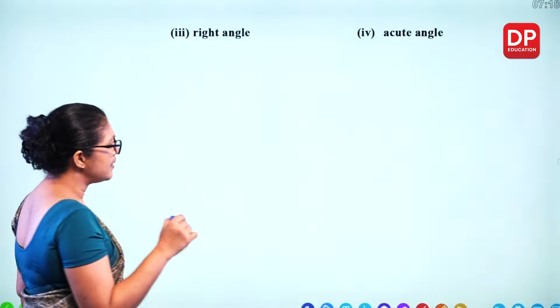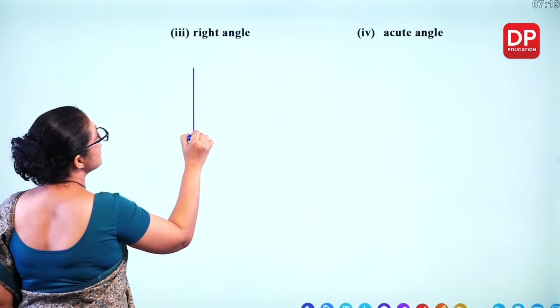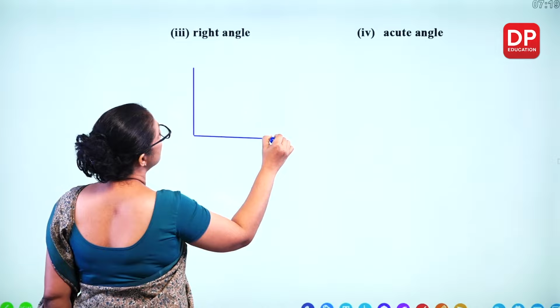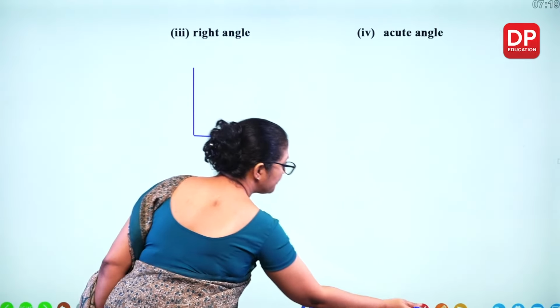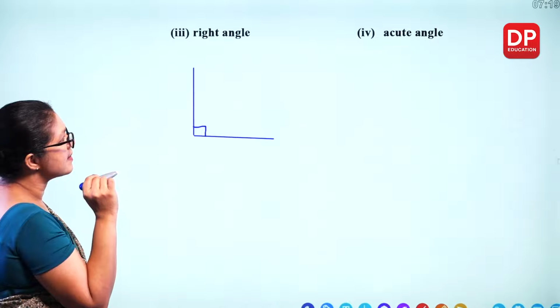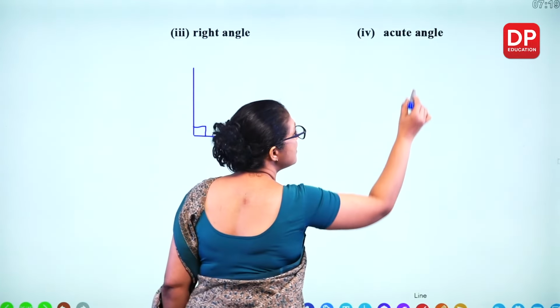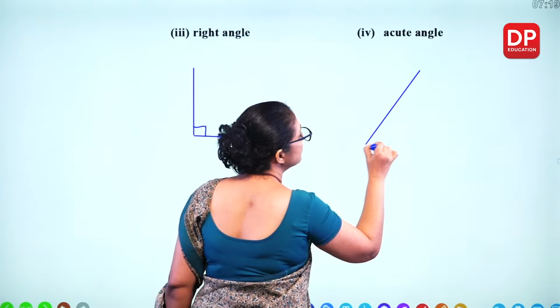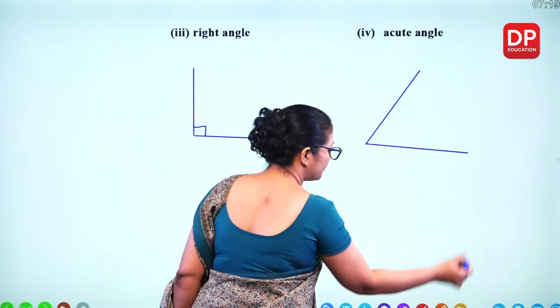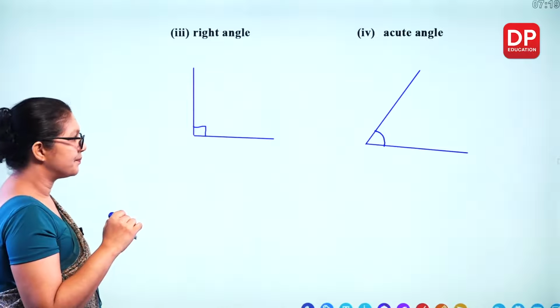Right angle, so you can use two lines like this and mark this as a right angle like this. Acute. Acute means less than a right angle. You can mark it like this.